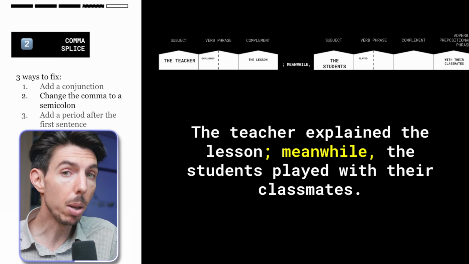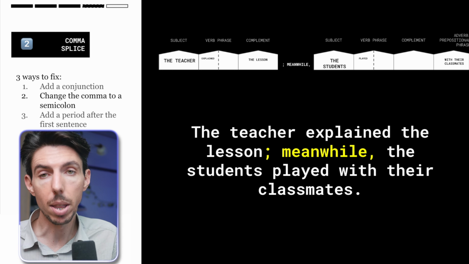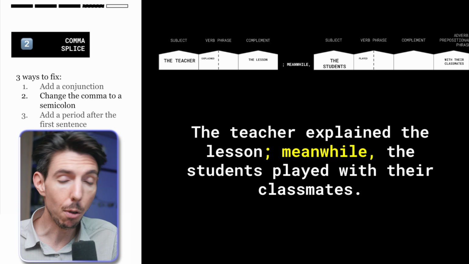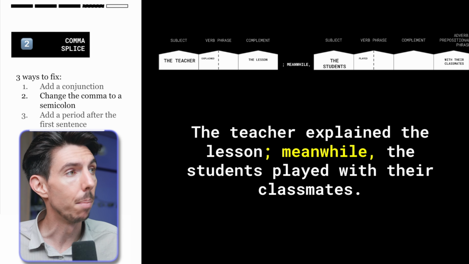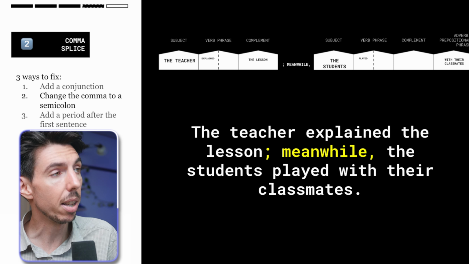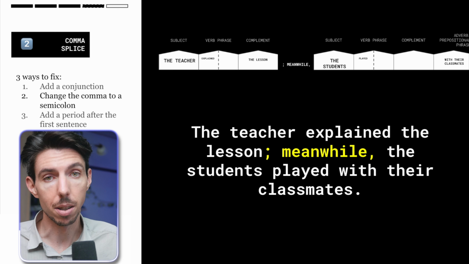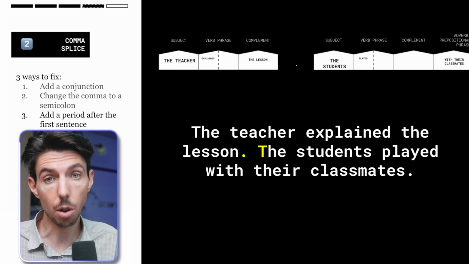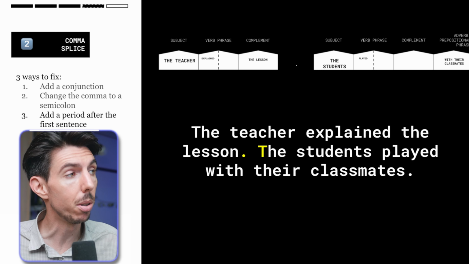The point is that the semicolon is able to join the two clauses into a relationship. The adverb is optional, but a comma can't do that. So we have the teacher explained the lesson, semicolon, meanwhile, the students played with their classmates. And the last way, of course, is to just turn them into two sentences, two simple sentences.